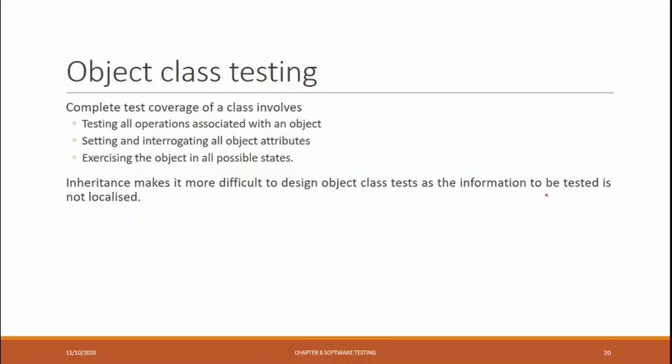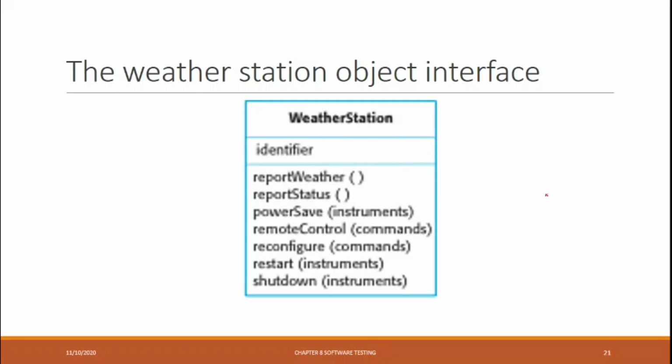Inheritance makes it more difficult to design the object class tests, as the information to be tested is not localized. So this is what is involved with object classes while doing unit testing.